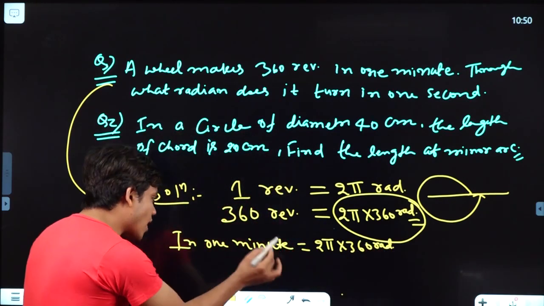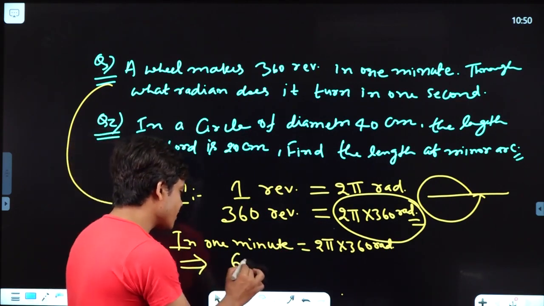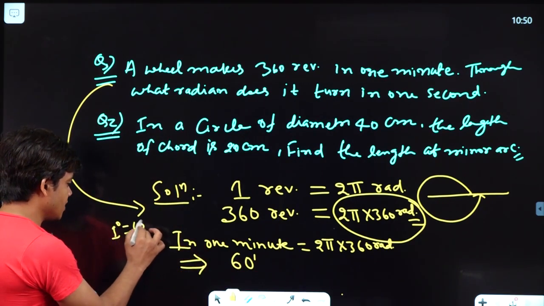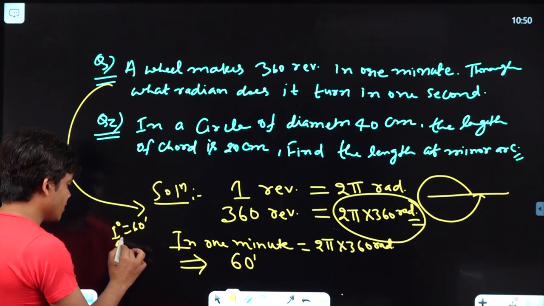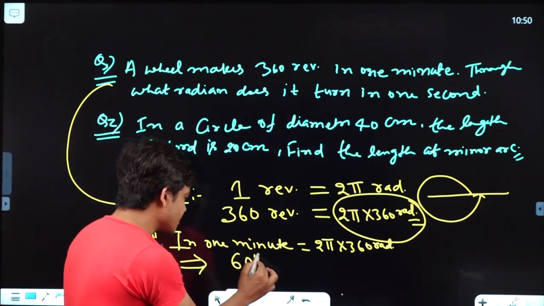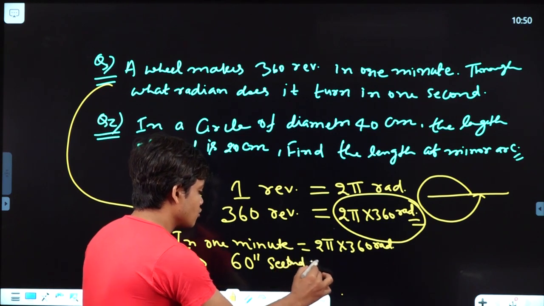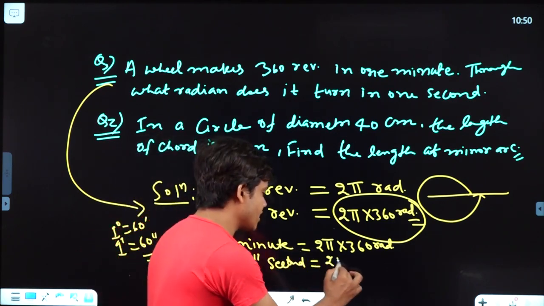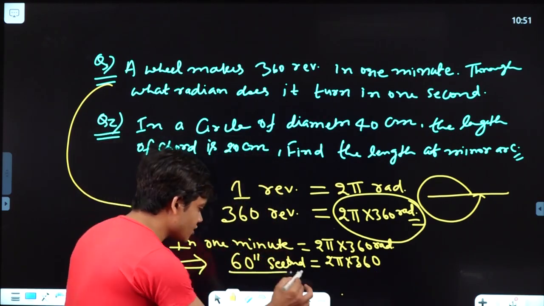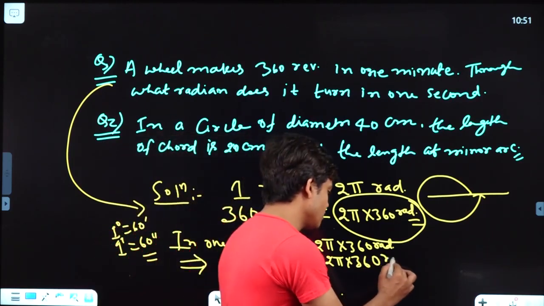And 1 minute contains how many seconds? 60 seconds. I have discussed that 1 degree is equal to 60 minutes and 1 minute is equal to 60 seconds. So in 60 seconds, it turned 2 pi into 360 radian.